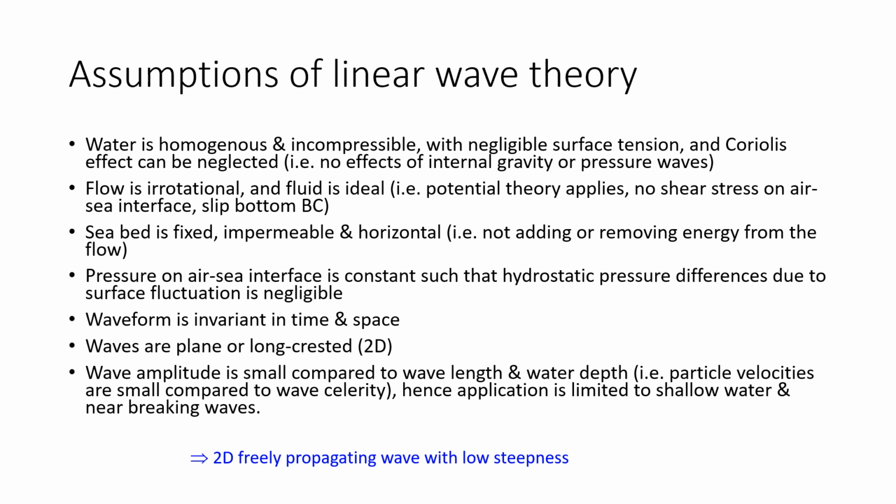Also, the flow is irrotational and the fluid is ideal, such that potential wave theory can be applied, and there's no shear stress on the air-sea interface. Also, the boundary at the bottom is a slip boundary condition. We assume that the seabed is fixed, impermeable, and horizontal, so that when the wave propagates over the seabed, it doesn't add or remove any energy from the flow.